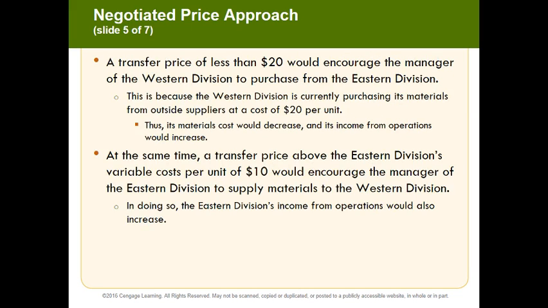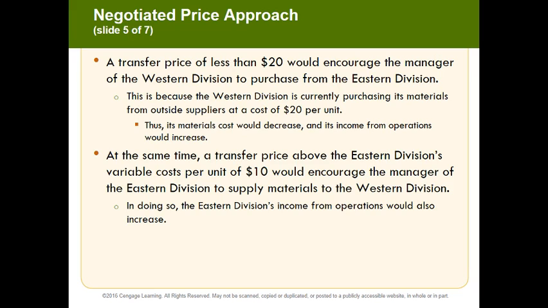A transfer price of less than $20 would encourage the manager of the Western Division to purchase from the Eastern Division. This is because they're currently purchasing their materials from outside suppliers at the cost of $20. So its overall materials costs would decrease and its income from operations would increase.